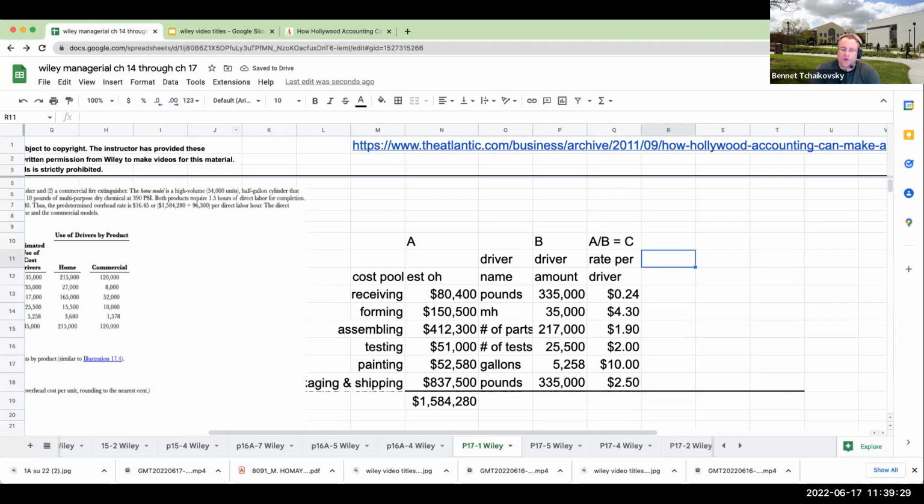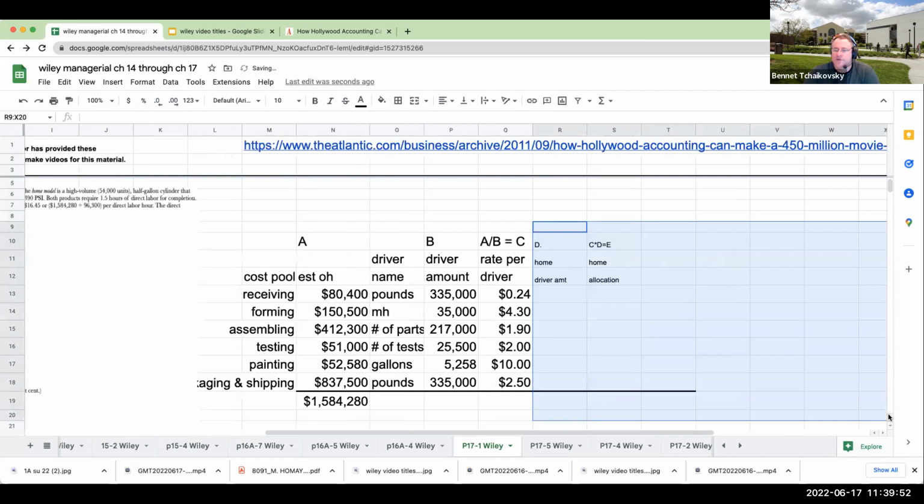Now, for the home, now that I have my rate per driver, I'm going to allocate it to the various different products.